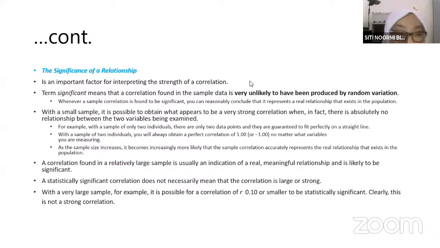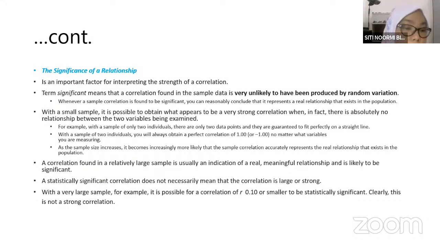A correlation found in a relatively large sample is usually an indication of a real, meaningful relationship and is likely to be significant. But how large a sample you need in your study, you need to have another consideration.